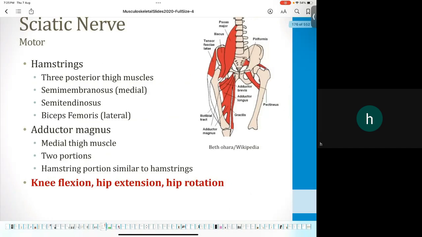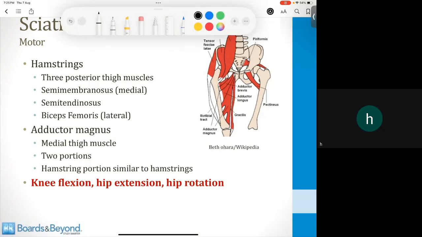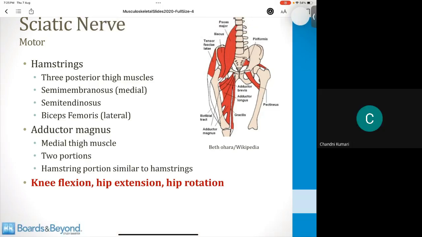Adductor muscles are supplied by which nerve? Obturator. Perfect. These are your hamstring muscles. We have three posterior thigh muscles: the semimembranosus, semitendinosus, and biceps femoris.